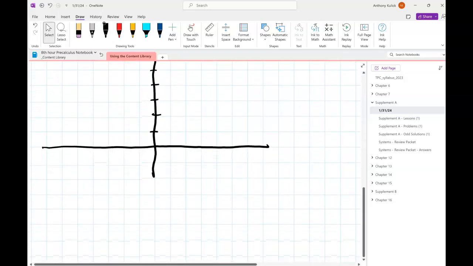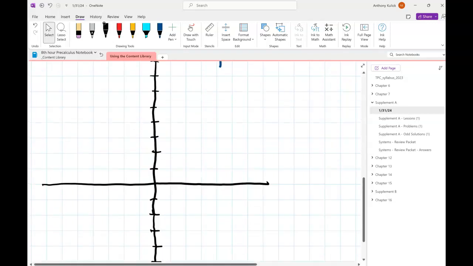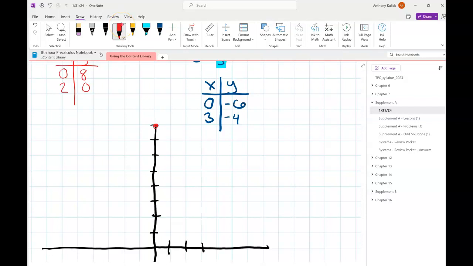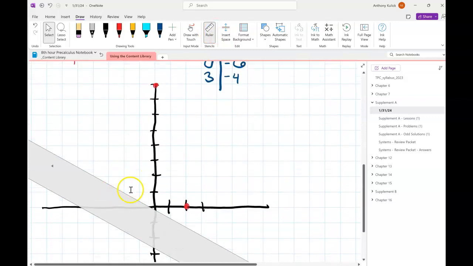I've got to go down to negative 6 still. 1, 2, 3, 4, 5, 6, and then 1, 2, 3. All right, so I plot my first point. There's 0, 8. There's 2, 0. I'll get my ruler out here.